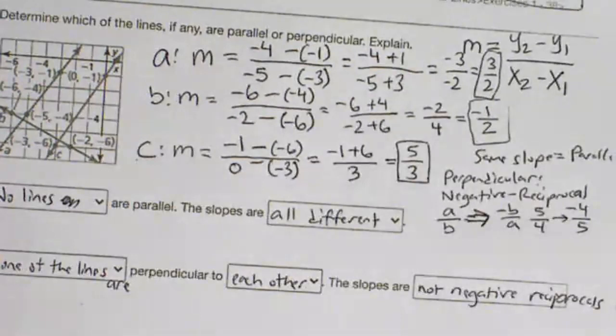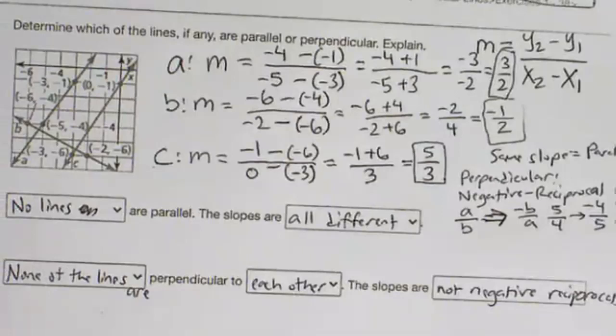Now, if some of the lines had been perpendicular, the way they want you to do this is to say in the first box, for example, line A is perpendicular to line B, and the slopes are negative reciprocals, because negative reciprocals is what you need.